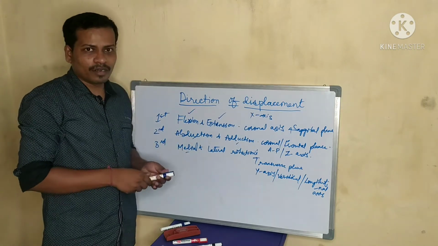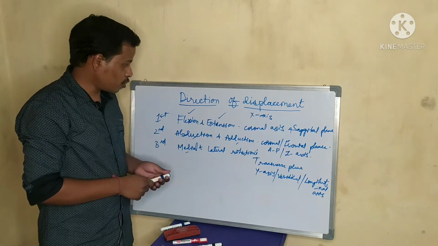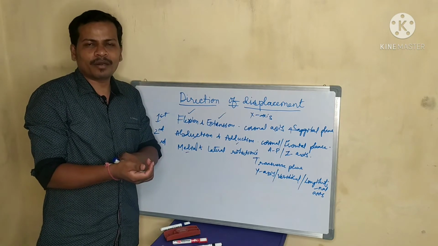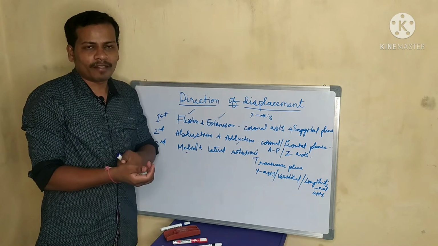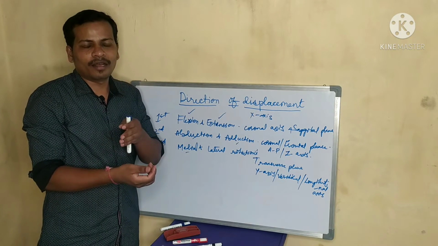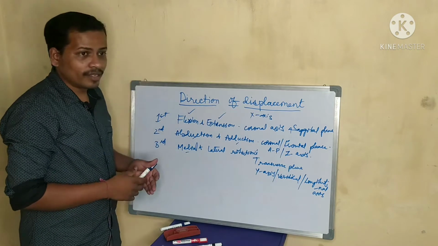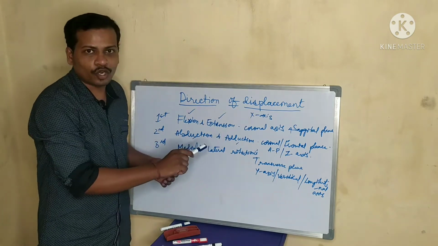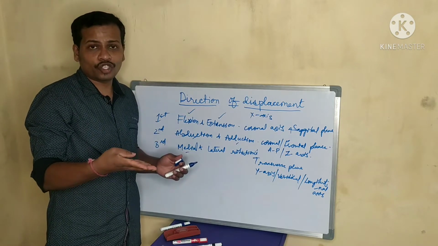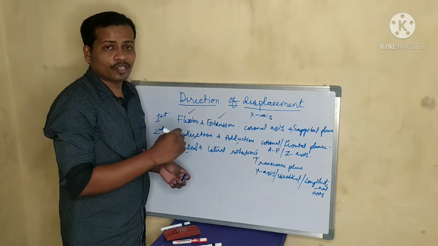Now I'll explain, there are some exceptions, guys. For example, take the first carpometacarpal joint of the thumb, that is the articulation between the trapezium and the base of the first metacarpal. These rules do not apply. For flexion and extension of the thumb, the axis and planes are opposite.